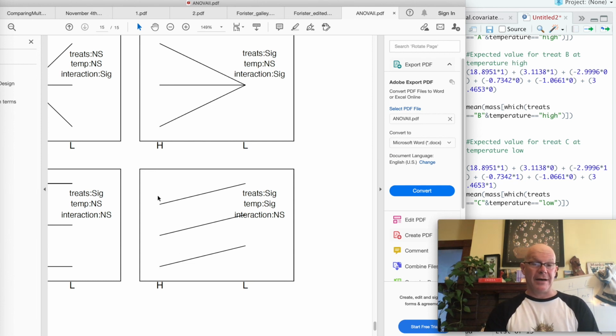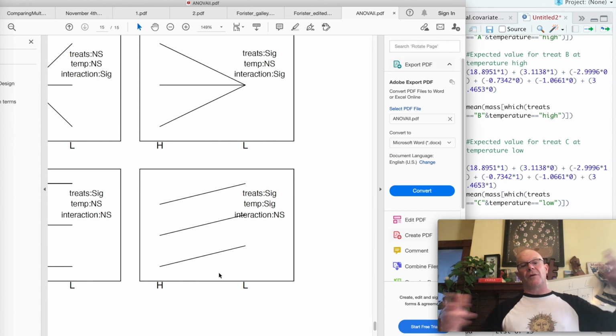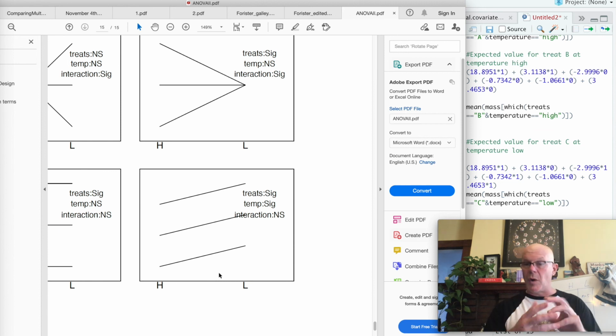And then the temperature, it looks like overall, high temperature is always a little bit lower than the low temperature is, but that effect is consistent across the treatments, and that's what we mean by additive. There's an overall effect of temperature, there's an overall effect of treatment, and it seems to be consistent regardless of what combinations we're dealing with. And so this is where we would expect a not significant interaction term.